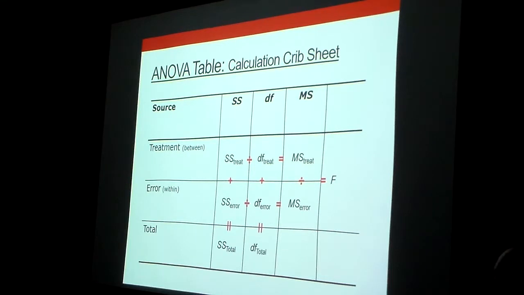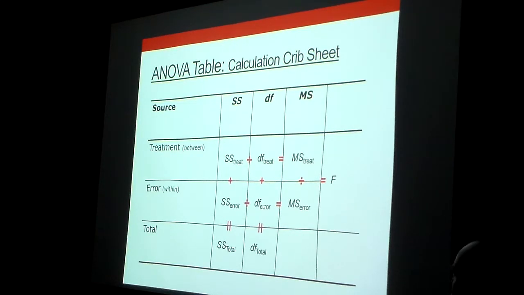When you're calculating things for your one-way ANOVA, everything ought to sum to 0, right? If it doesn't, you've got something problematic going on. And we can also use this by plugging in different values based on other values that we have, right? So our sum of squares treatment plus sum of squares error is always going to equal your total sums of squares.